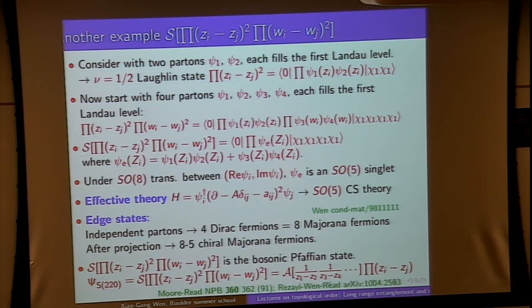So this psi_E is an SO(5) singlet. That tells us what kind of projection we should do. So if you do this parton theory, we have SO(8) transformation. We should project out this SO(5) subgroup. So we should couple the parton theory to the SO(5) theory.